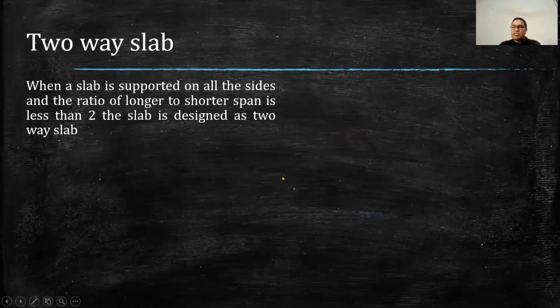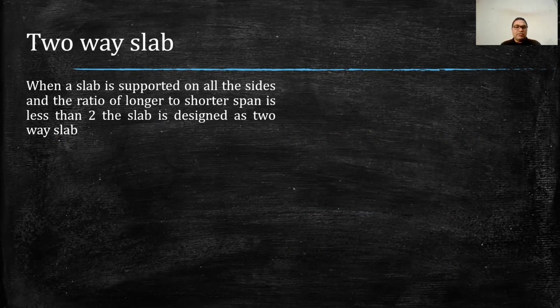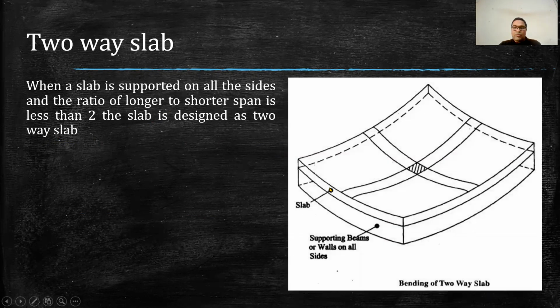As I have discussed in the previous lecture, a two-way slab is basically a slab which is classified based on the aspect ratio. If the aspect ratio is less than 2, then the slab is designed as a two-way slab. This is the photo depicting the behavior of a two-way slab.